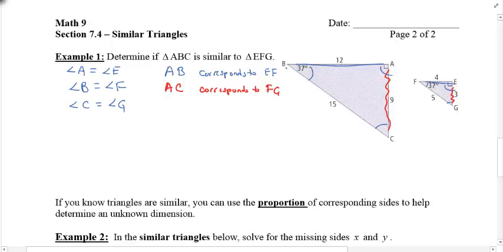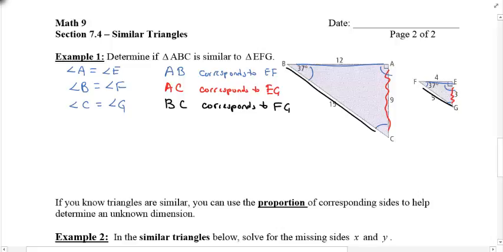And finally, BC corresponds to, I'm sorry, did I say FG earlier? I meant EG. Oops. And then this one should be FG. Yeah. All right, so let's take a look.